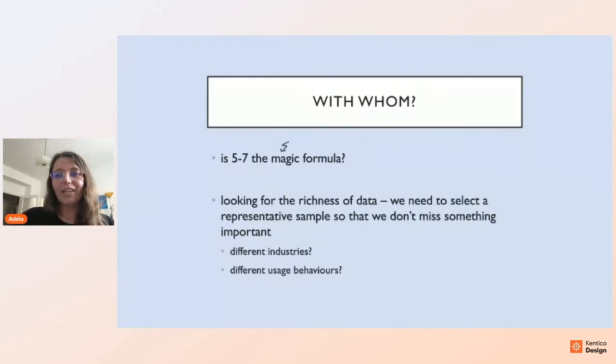Another thing I wanted to mention is with how many people we should be doing the research. It's usually a small-ish sample, and I bet that you have already heard the magic formula of 5 to 7 participants.